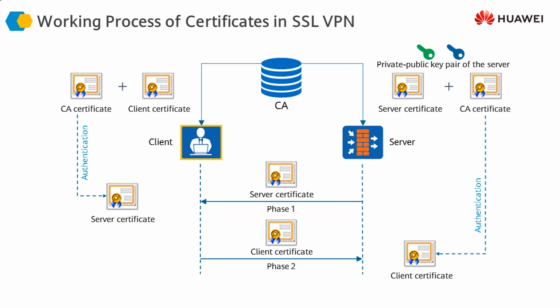We have a client here and we have a server or the gateway device here, and we want to make sure that they are able to communicate with each other using SSL VPNs. So the server is going to have a local server certificate, or what we call a local certificate, plus a CA certificate which is going to be issued by the CA and which is going to be used for authenticating the server certificate.